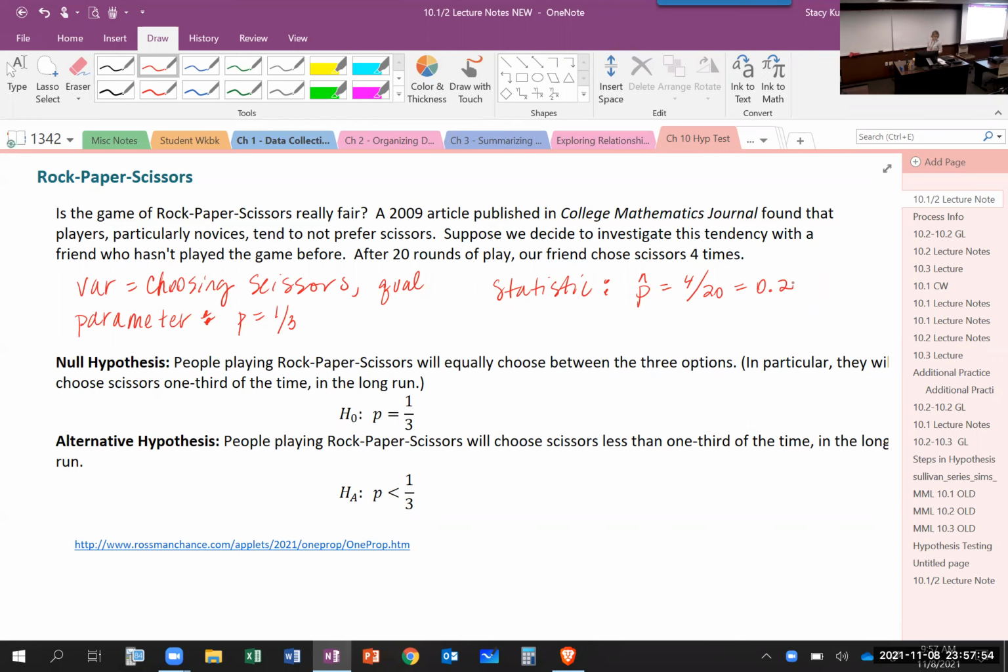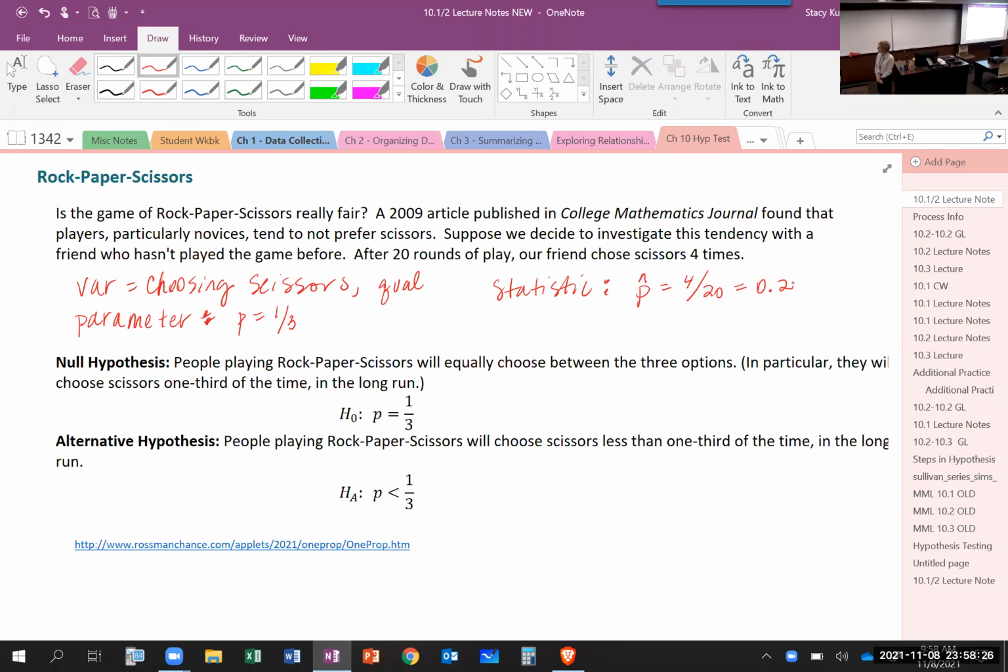Now, suppose we decide to investigate this tendency. The tendency is that people do not prefer scissors, so they would choose scissors less often. When we try to write our null and alternative hypotheses, this is how we would state the null. You're all going to be asked to state these yourselves.